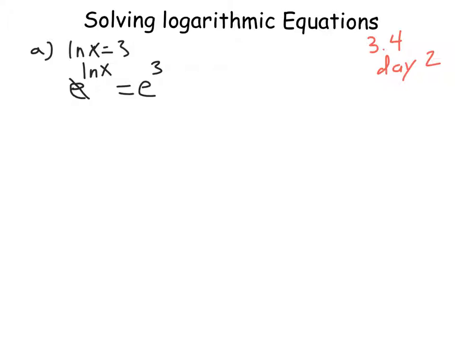Because an exponent that is base e and a log that is base e will cancel. We have x by itself, and we just need to evaluate e to the third power on a calculator, which is 20.09.